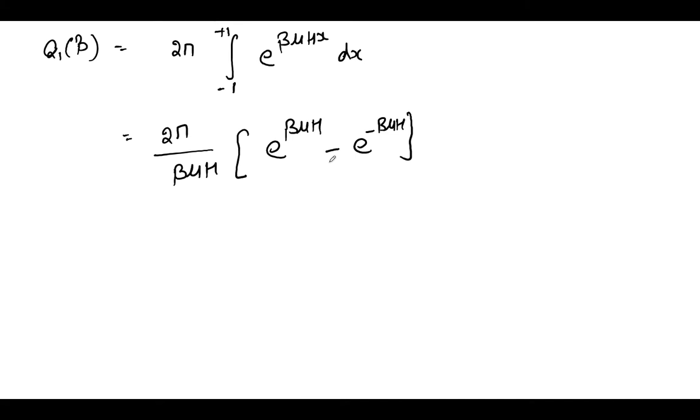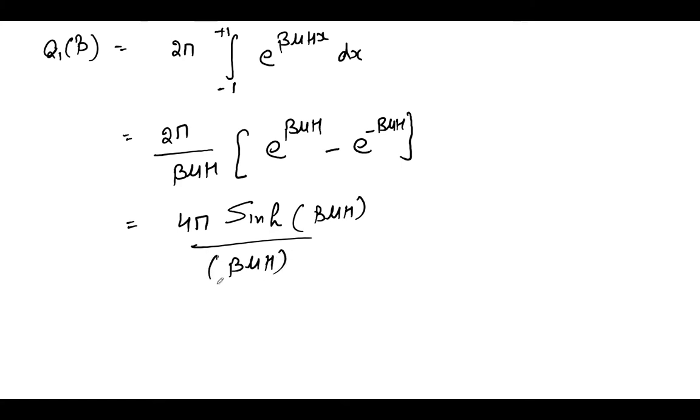So we know exponential of beta mu h minus exponential of minus beta mu h over 2, that is our sine hyperbolic function. So this equation becomes 4 pi sine hyperbolic of beta mu h over beta mu h.